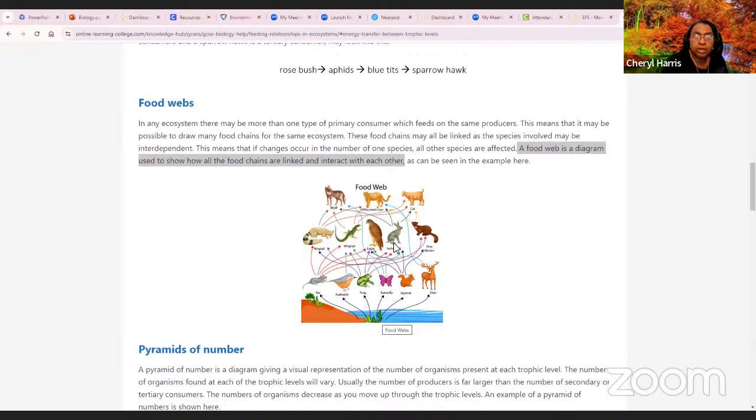So we've got one to go to the jackrabbit. So it could be the plant, the butterfly, the jackrabbit, the mountain lion, or it could be the plant, the butterfly, eagle. Somebody had the eagle. And then notice there's no arrows from the eagle. So that's the end of the line there. Okay, nobody's eating the eagle.